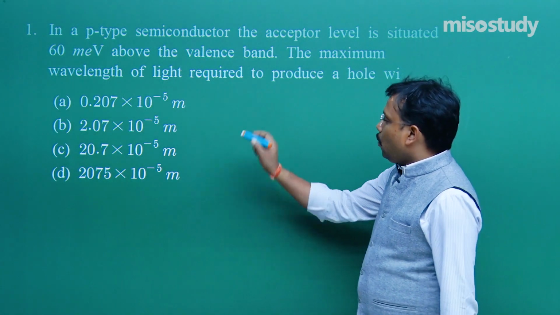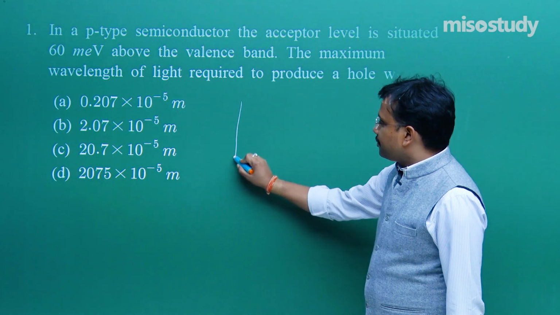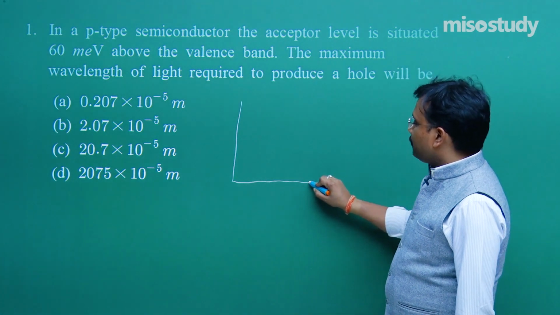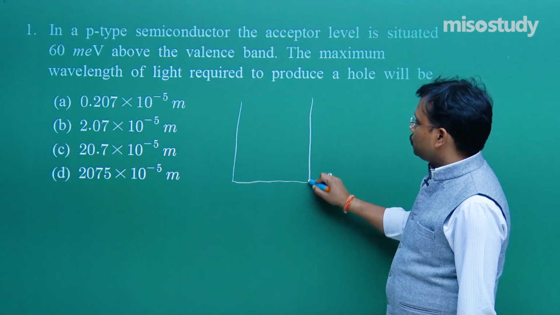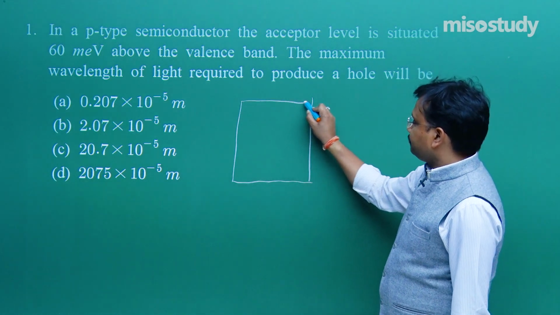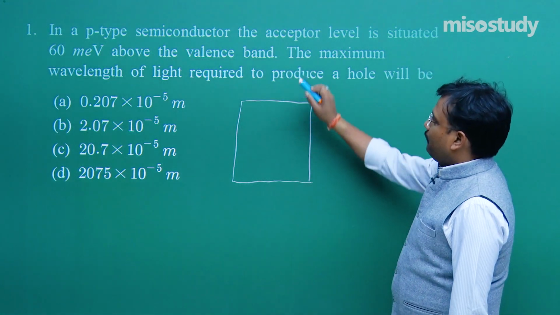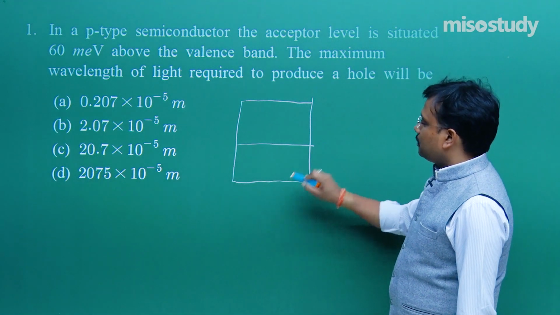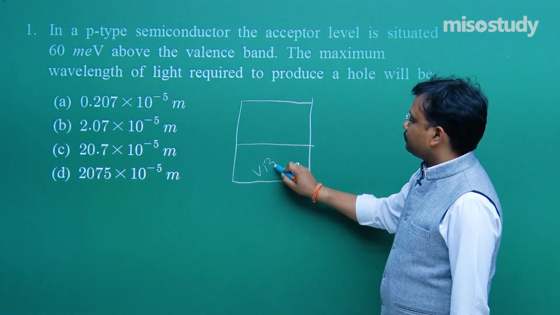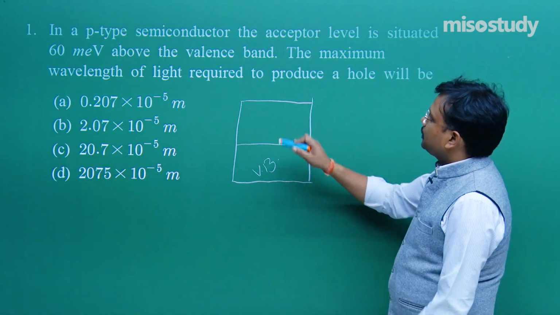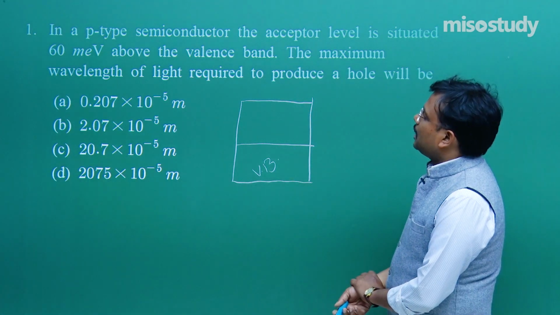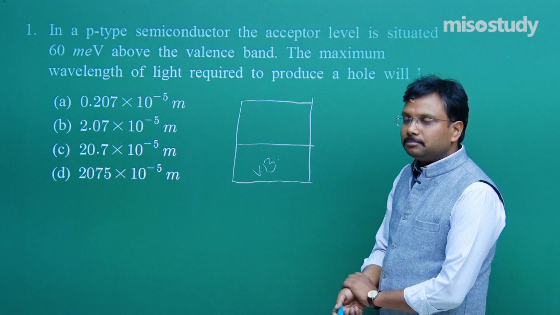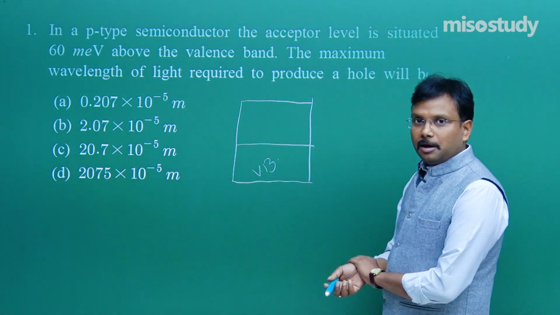So the idea over here is, let's say we want to give a simple diagram to this particular question. What is mentioned? Above the valence band. So let's say this is valence band VB. Above it there is a 60 milli-electron volt energy gap, and then the acceptor level.